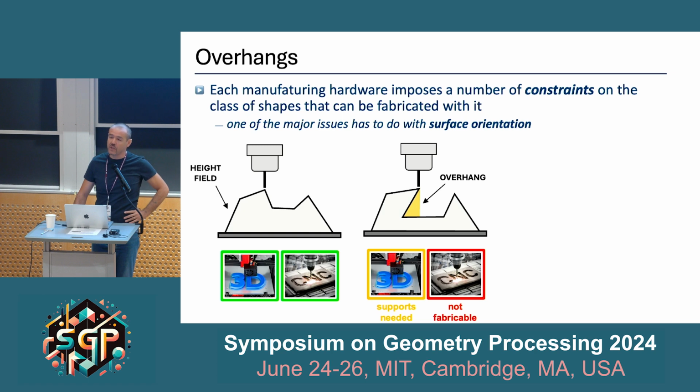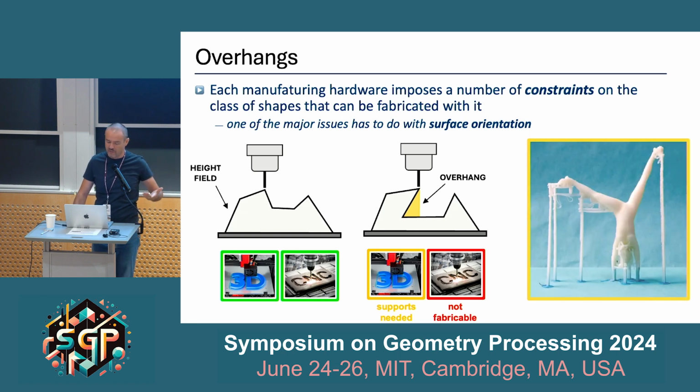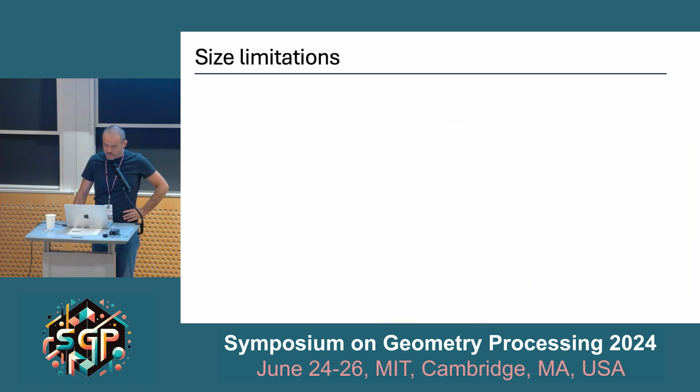But overhangs are an issue even if you use additive manufacturing, because in this case you need to deposit material somewhere, and in these cases you have no place to deposit your material. And for these cases you need to create some support structures, and we will talk about that later in this talk. There are also limitations regarding the size.